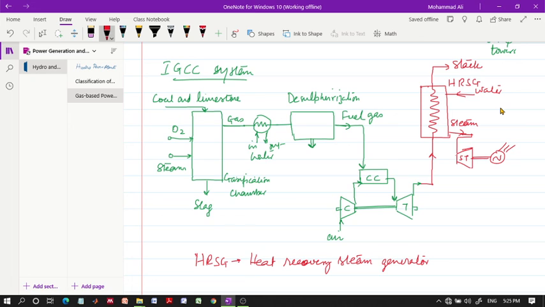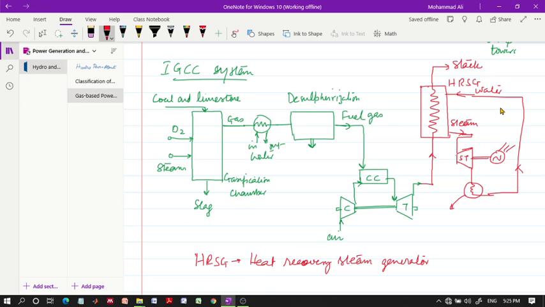And the expelled, what will happen? The expelled steam is again cooled down in what? In a condenser, right? Like this, and it is fed back to this chamber. Of course, I should write it in the correct way.